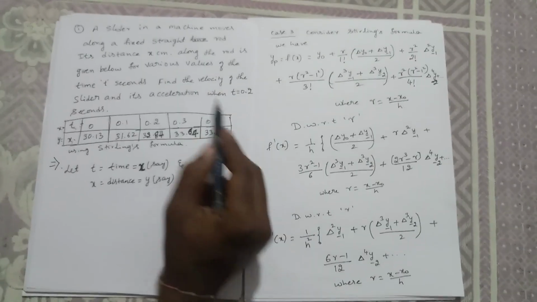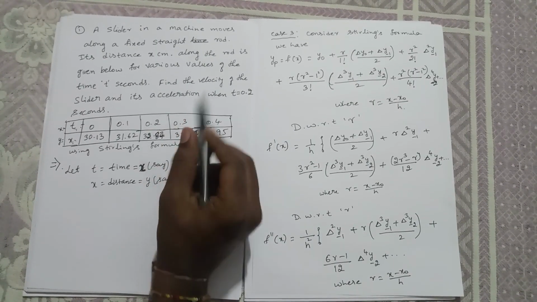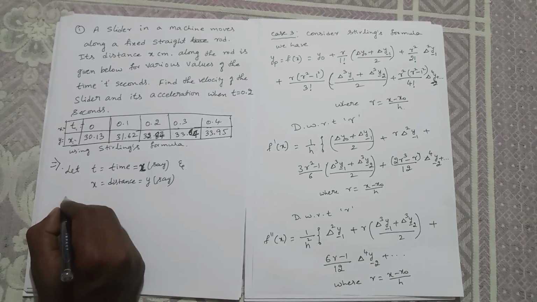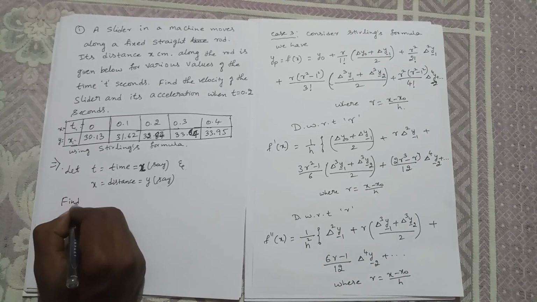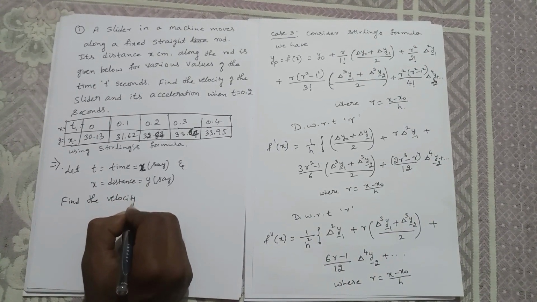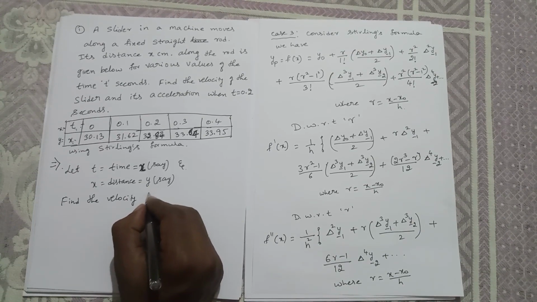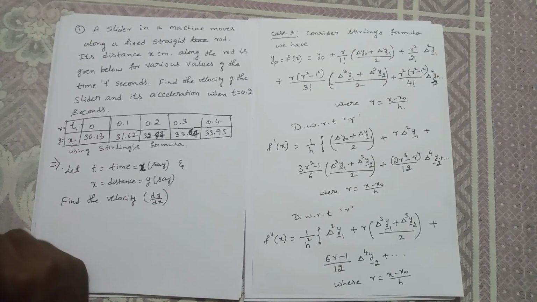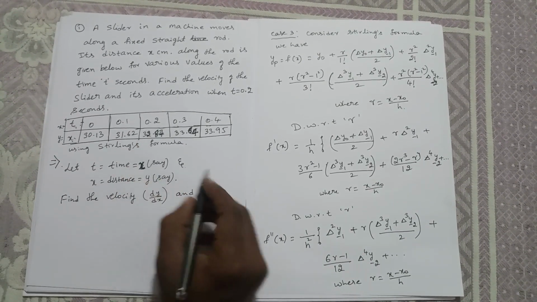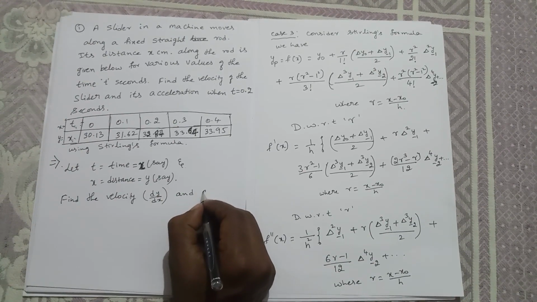So now what you have to find out is the velocity. Velocity means here you have to find out dy by dx, and next you have to find out the acceleration.